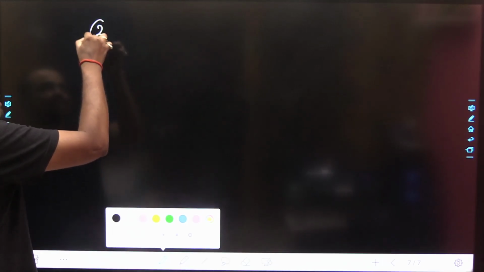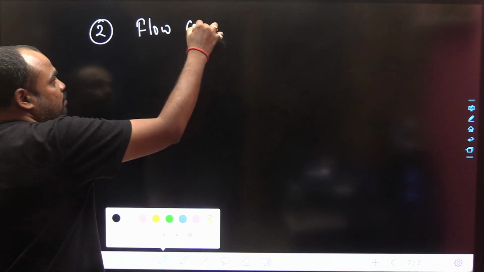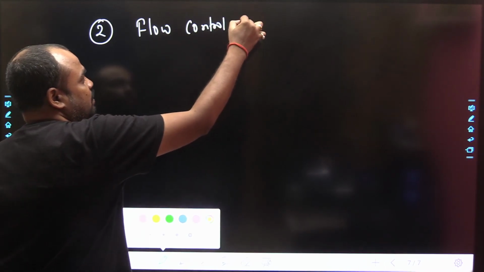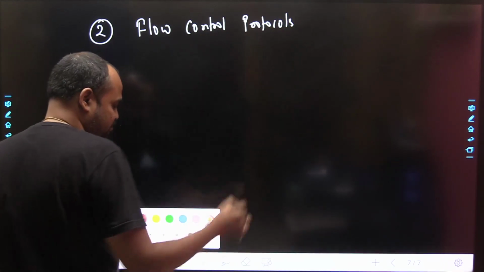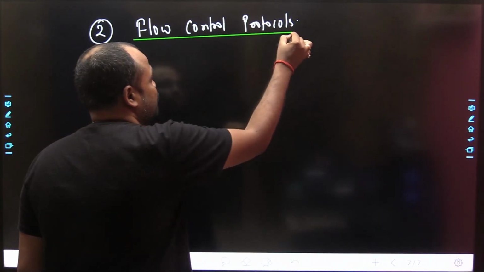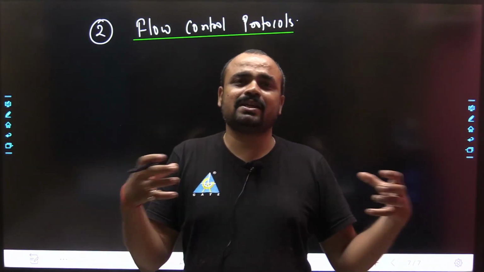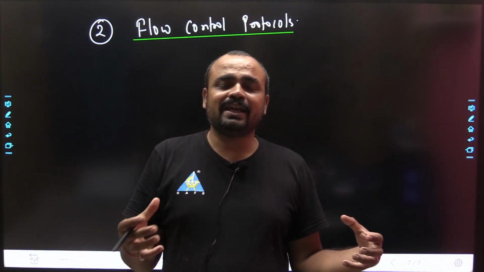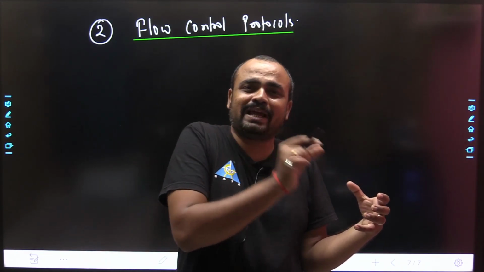The other thing is the second topic that we have written, flow control protocol. So I hope you are understanding the flow control protocol. What is the meaning of flow control protocol? See, if the sender and receiver are communicating with each other, then what is the time required by the packet to be delivered from one point to another point?